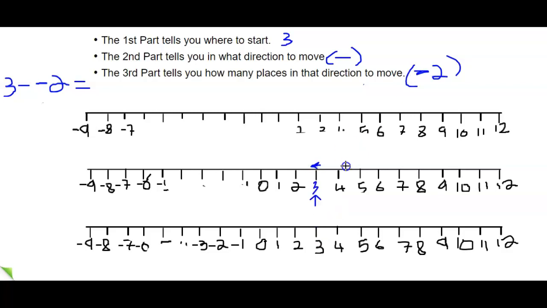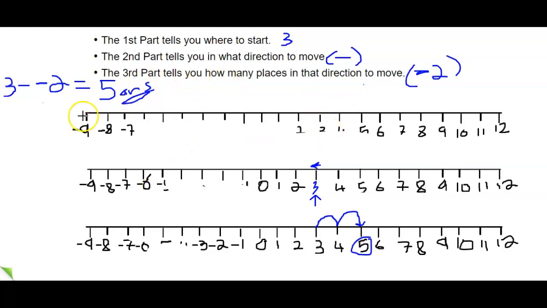Negative 2 means we move 2 places: 1, 2. So we get positive 5. Therefore 3 take away negative 2 is equal to positive 5, and that's our answer.